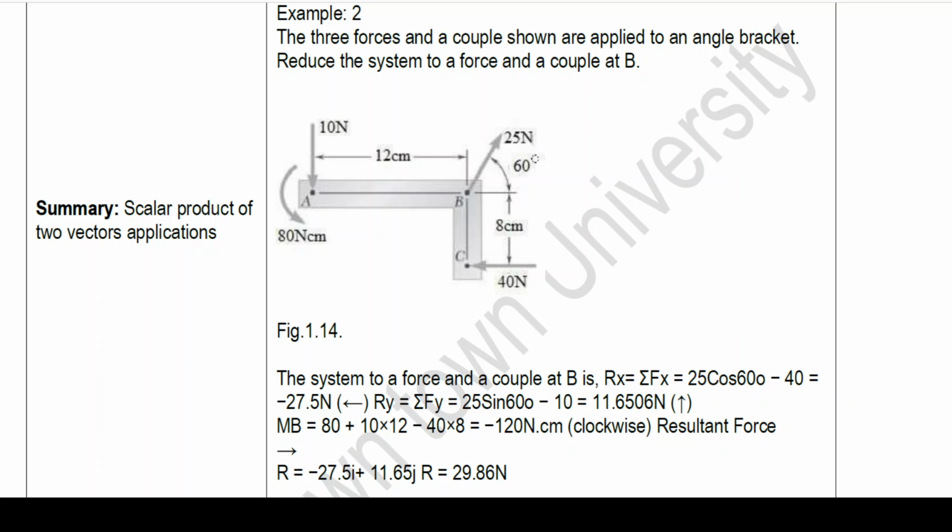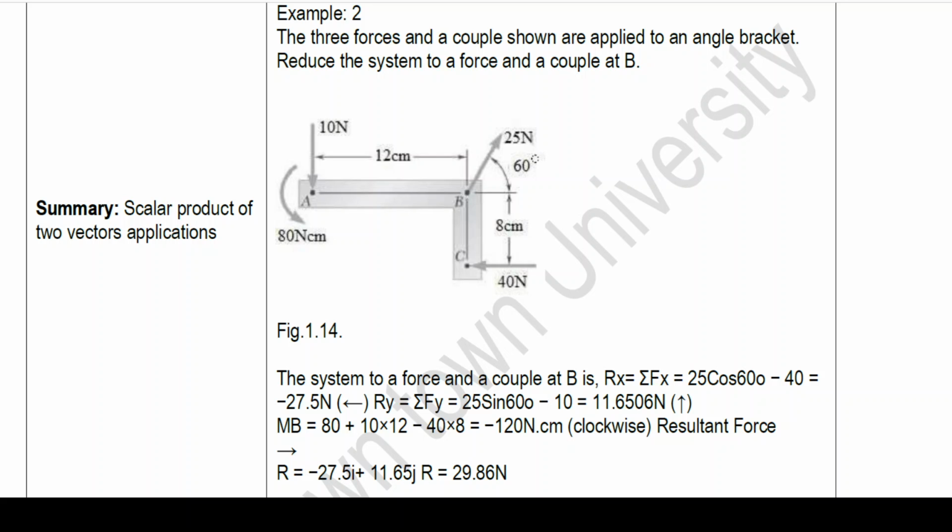That means this minus is for the direction. If the force is coming towards this bar, then we have considered it as negative, as we have considered 40. So this resultant will be coming towards the bar, so this is negative.